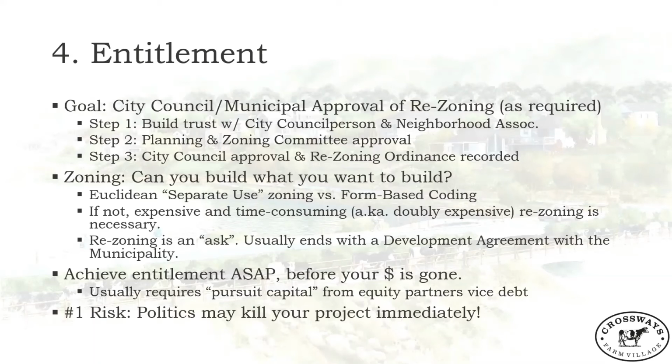You had already approached the local neighborhood association and your local city council person, because you're smart. Since they're generally in agreement, and maybe you've traded horses a little bit and agreed to adjust your plan certain ways, planning and zoning says, okay, you're operating within our unified development code. We clear you and approve this project. You can go to city council.